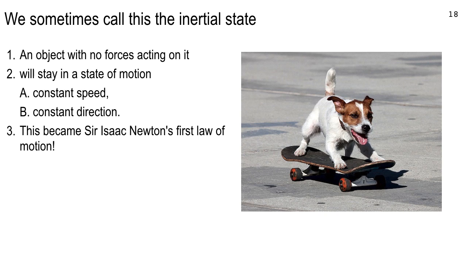But Galileo used it to figure out the trajectory of ballistic projectiles like cannonballs. And we will talk about that on Thursday, and we'll go into some more about Sir Isaac Newton's laws of motion.